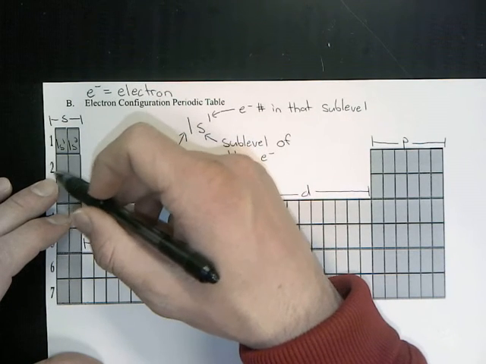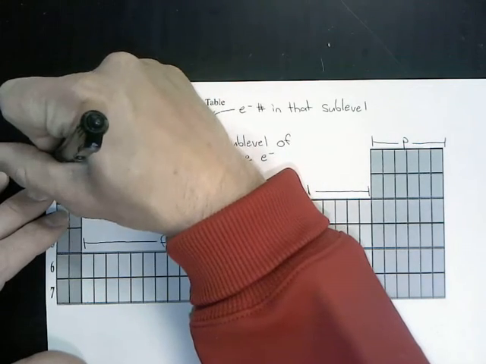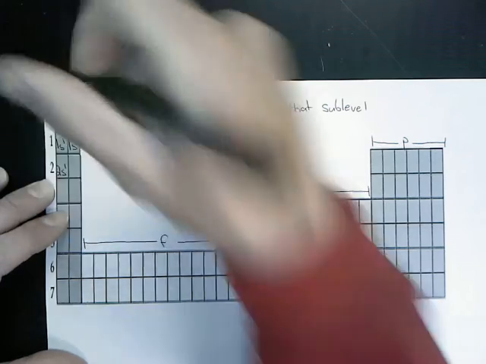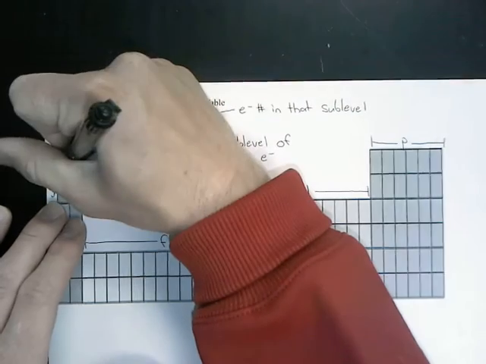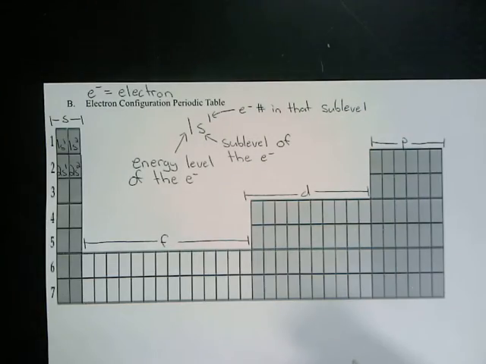In the second row, we have the second energy level. We're in the S subshell, and we start our numbering over again because we're in a new subshell. So this would be 2s1. Right next to it, we'd still be in the 2s level, and this would be the second electron in that 2s level.